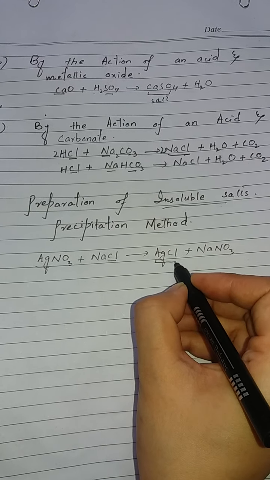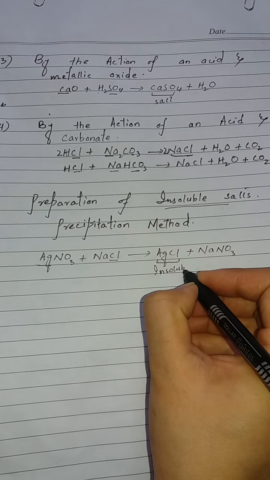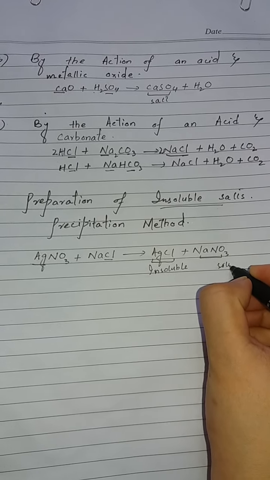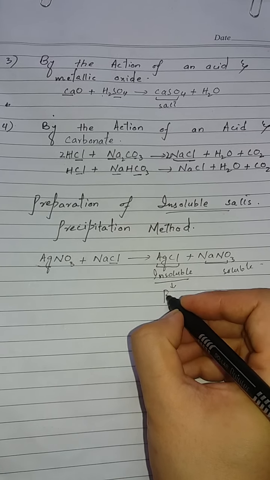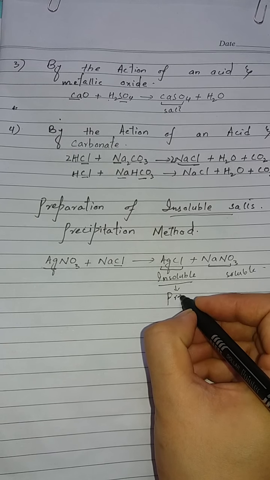Here, AgCl is insoluble salt and NaNO3 is soluble salt. So here insoluble salt settles down at the bottom in the form of precipitate.